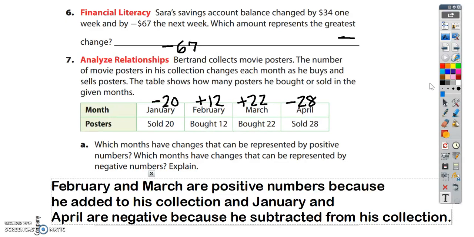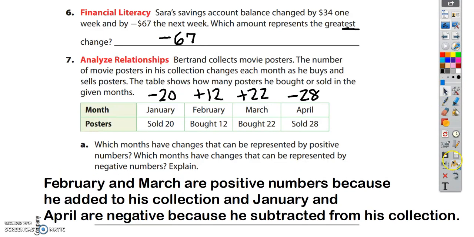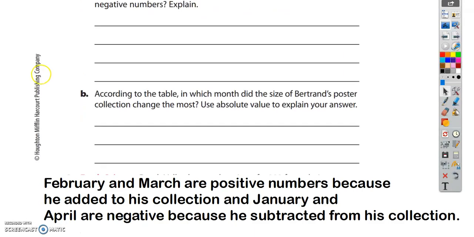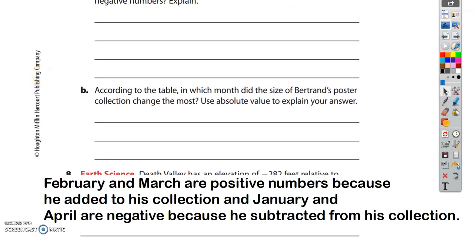Okay, let's move on. There's a second part to this question. Question B says, according to the table, in which month did the size of Bertrand's poster collection change the most? Use absolute value to explain your answer. So it doesn't ask which is the greatest number. It asks which was the greatest change. So let's talk about that.